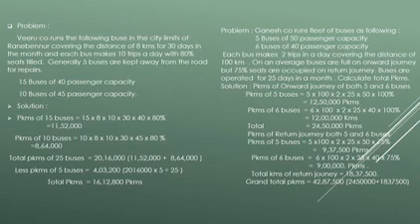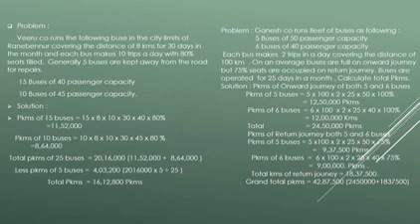Each bus makes 2 trips in a day covering the distance of 100 kilometers. On an average, buses are full on onward journey, but 75% seats are occupied on a return journey. Buses are operated for 25 days in a month.